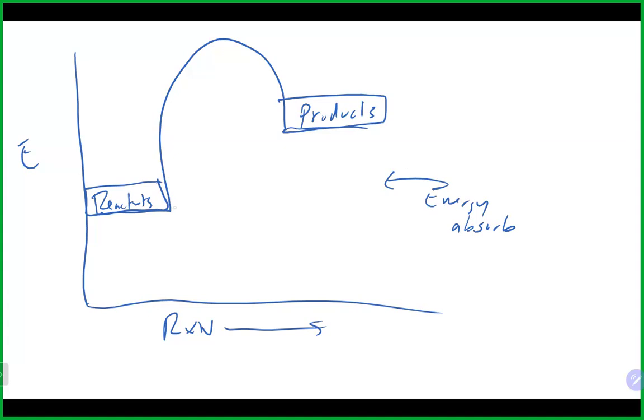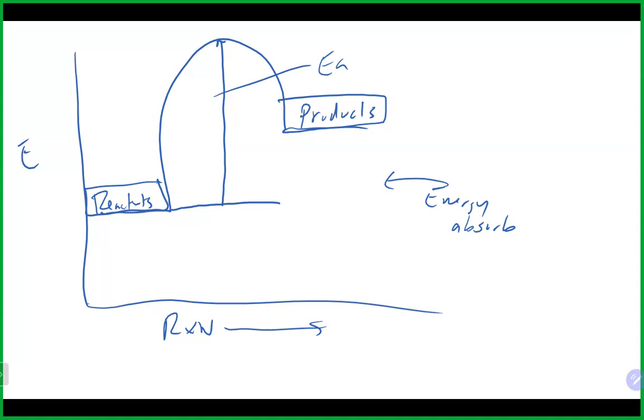We also have the same activation energy, which is from our reactants to the top of that hill. That is our activation energy. You can also see that in comparison to our exothermic reaction, typically an endothermic reaction has a larger activation energy hill, which also makes sense. This overall energy needs to be put in to help everybody get up and over that hill.